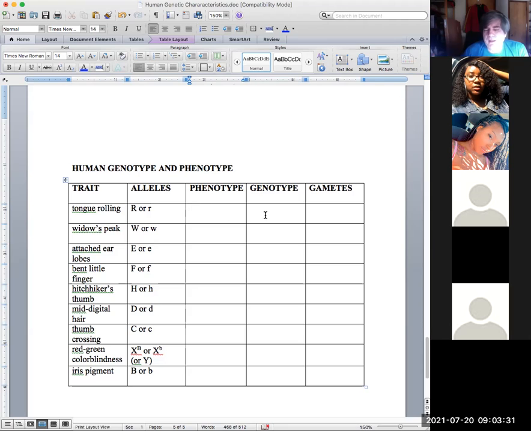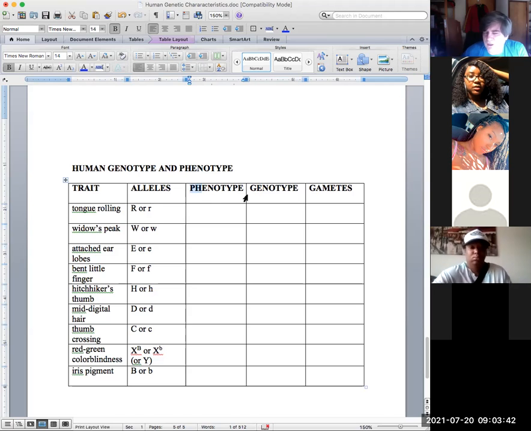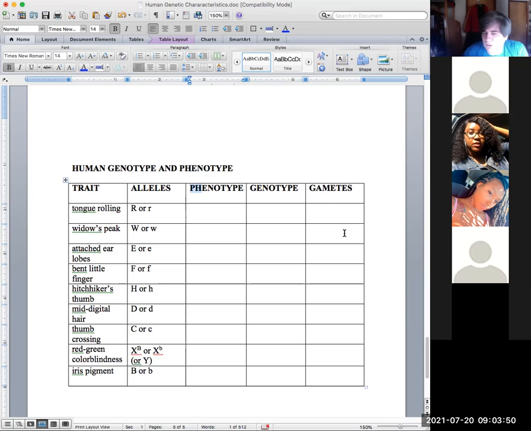And then we're going to look at the phenotype that we can observe. And remember, we said when you see phenotype, think pH, physical characteristics. We're going to look at the genotype that goes with that. And we're going to look at, if you have that genotype, what type of gametes, what type of eggs or sperm could you make?